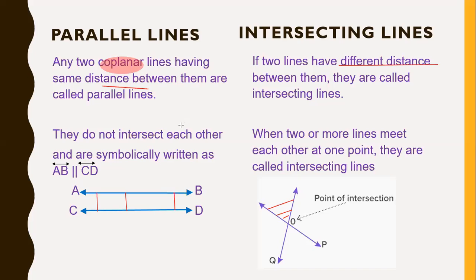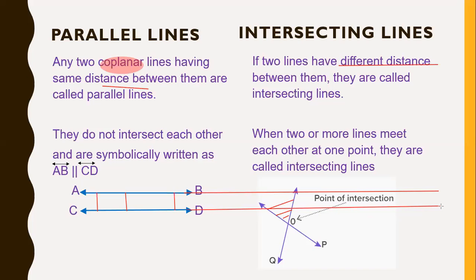Now, for example, if in your paper I give you the question, just write two differences. So this is the difference number 1. This is the main definition. Now how can you write one more difference? Now here from the diagram you can see that if line AB is there, if I extend this line, it will move like this.